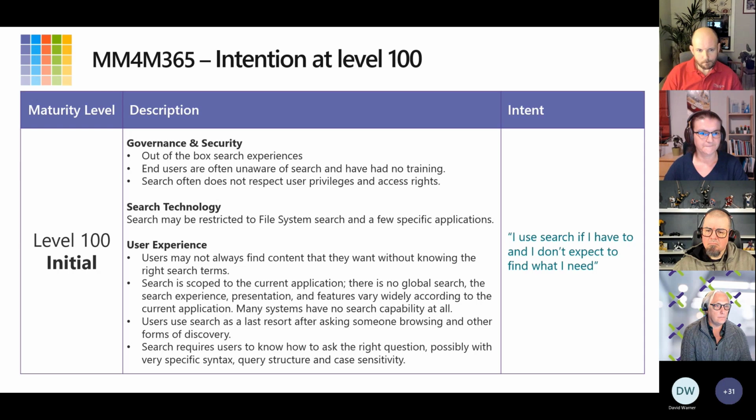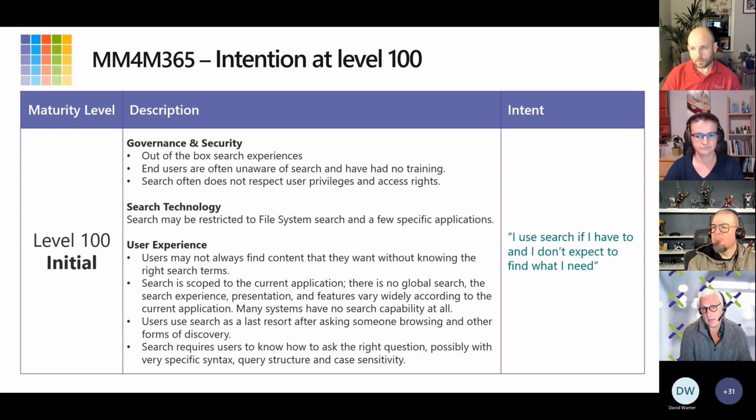Yeah. So I think many organizations, even if they think they're finding things using search, may actually be sitting at level 100, which is essentially that it's on, and you may or may not have built any kind of information architecture. You may not have any valid metadata. You may not have thought about what scope people should search in to find certain things.